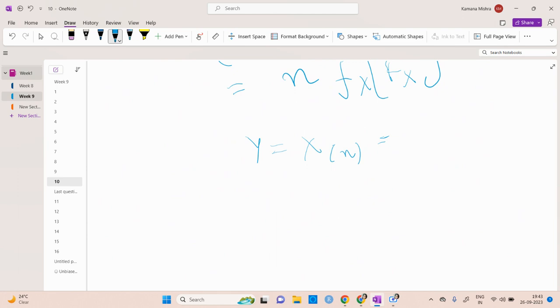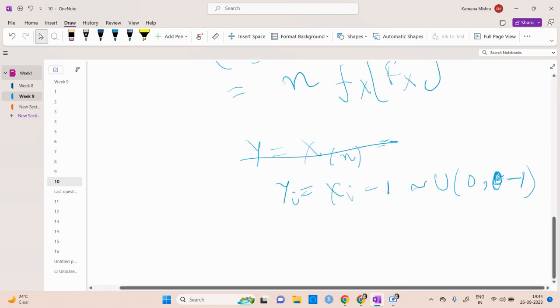And then we take yi as xi minus 1, so that we get the distribution U(0, theta minus 1), because this is the most popular form. U(0, 1) is the most popular one, the standard form. But basically we can just convert it so that it comes in the standard form, right?